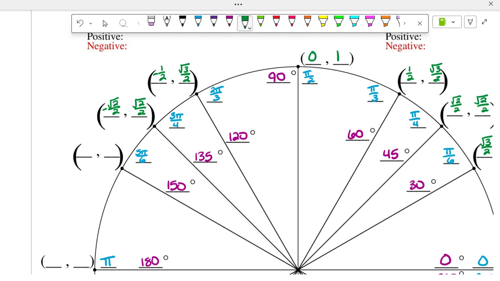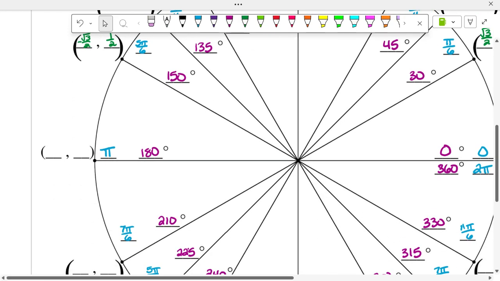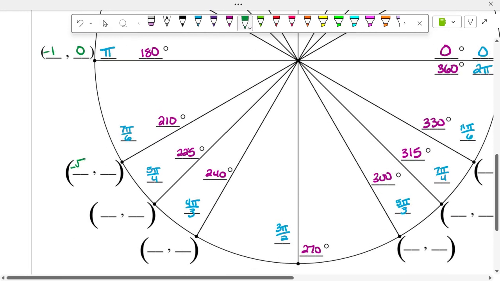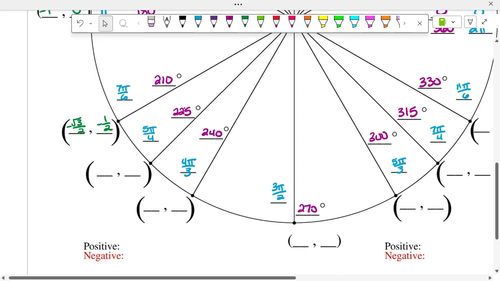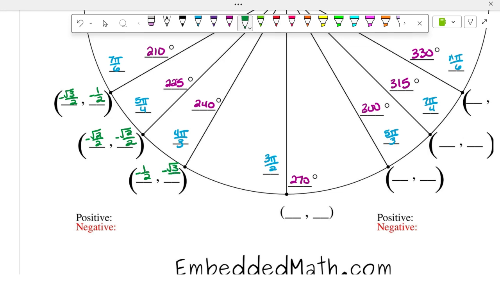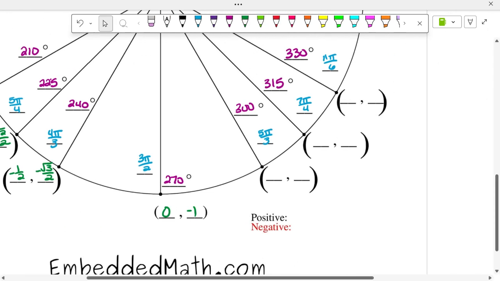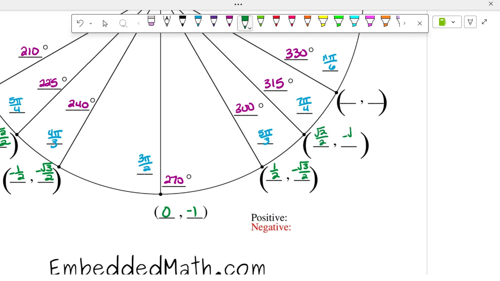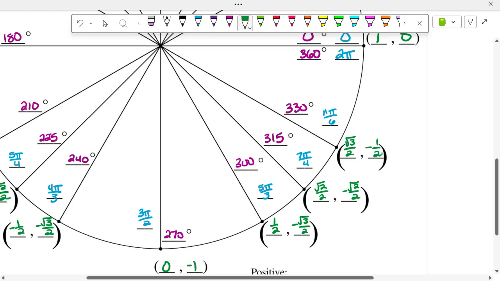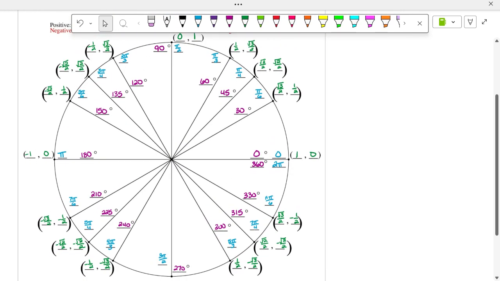Then good. Then good. Then yep. Then there you go. And thus your unit circle is completed.